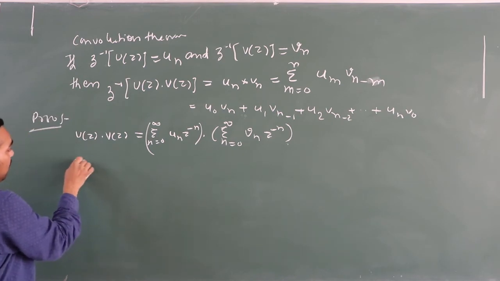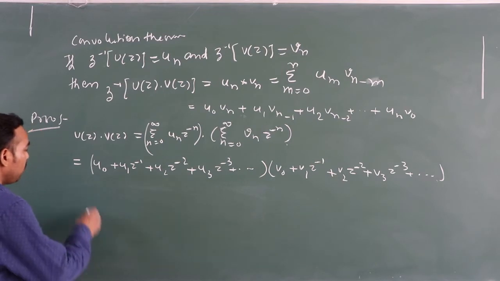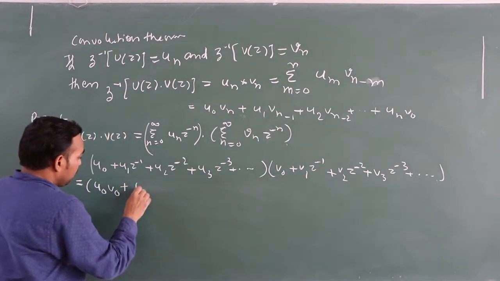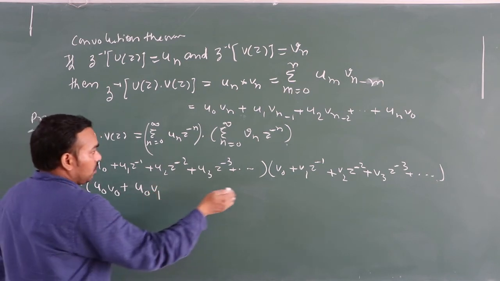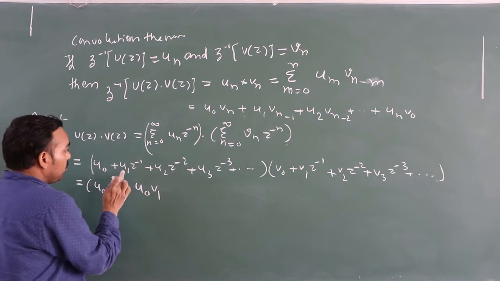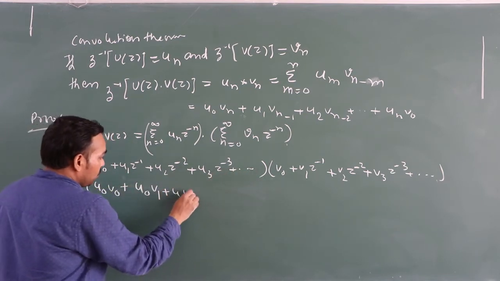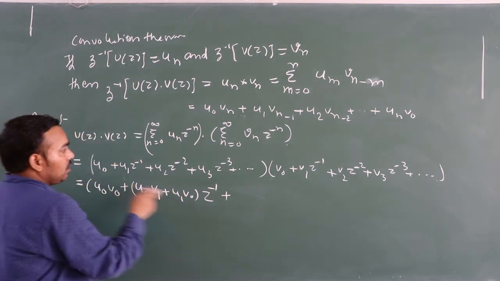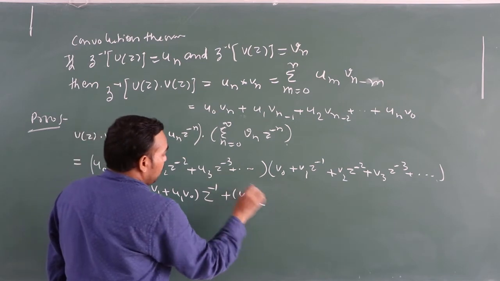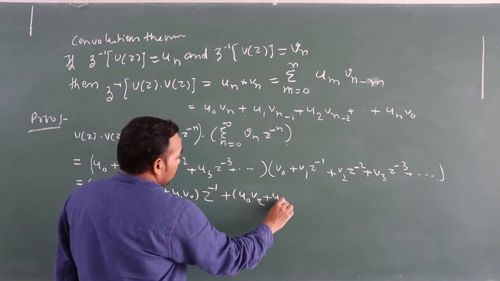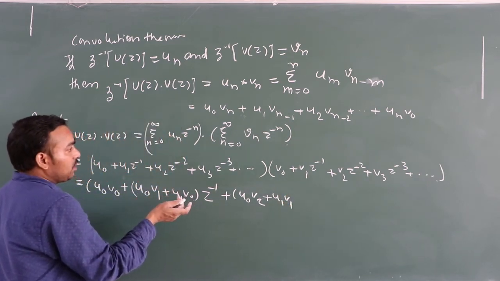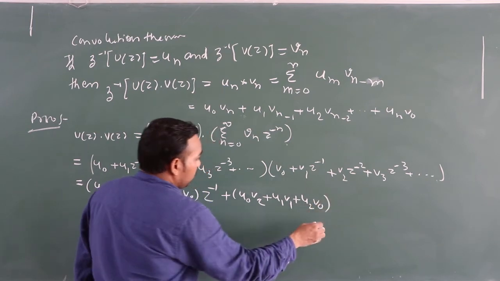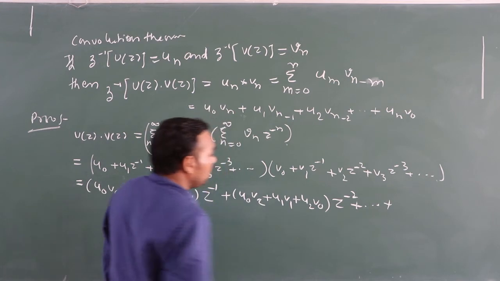Now multiply these two: we simply get u0 v0, plus u0 v1 and u1 v0 as the coefficient of z to the power minus 1, plus u0 v2, u1 v1 and u2 v0 as the coefficient of z to the power minus 2.